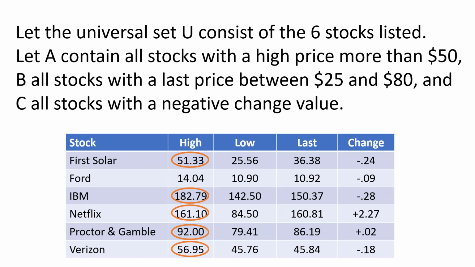B is all stocks with a last price between $25 and $80, shown with the green circles. And C will be all stocks with a negative change value, indicated by the purple circles.